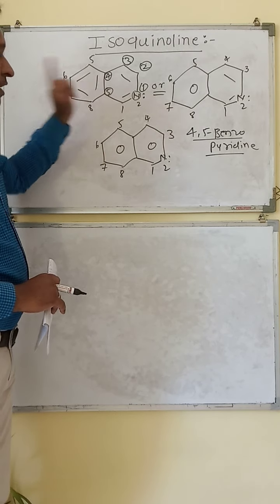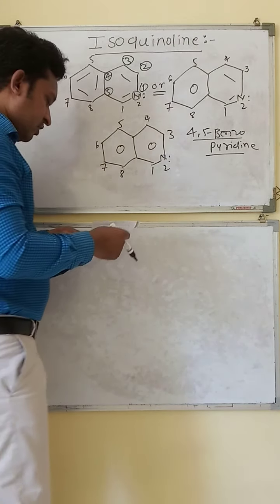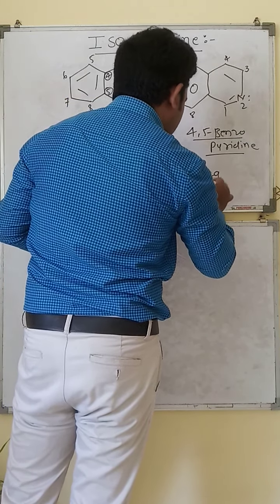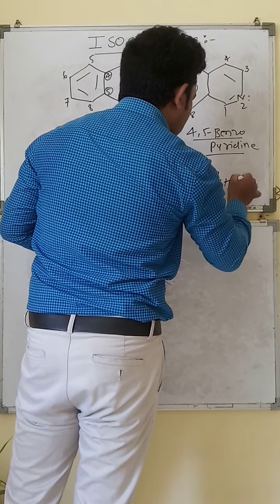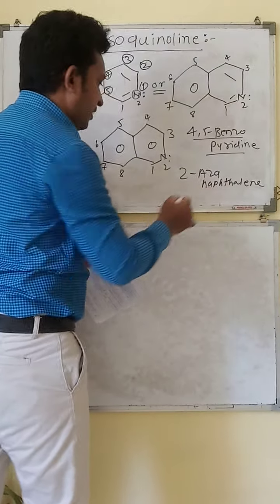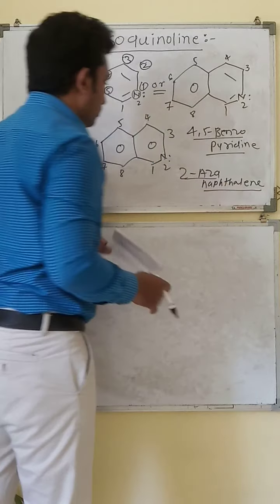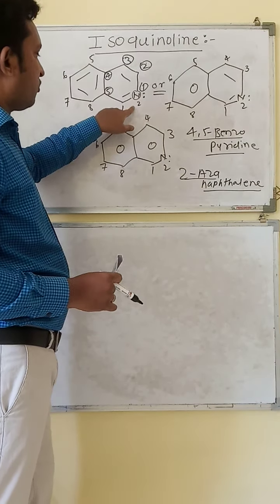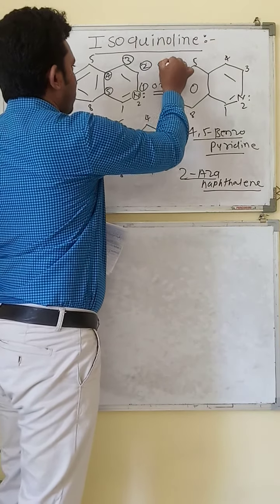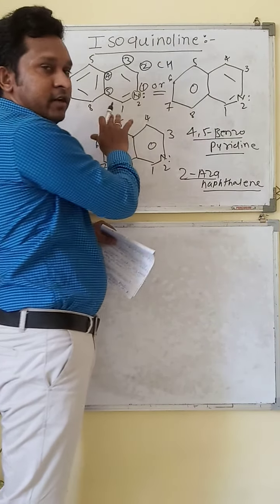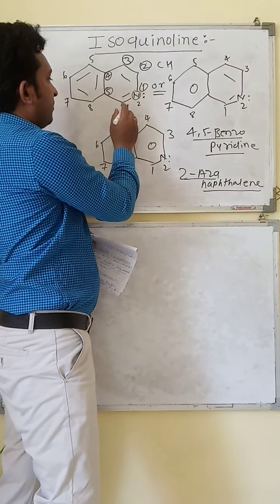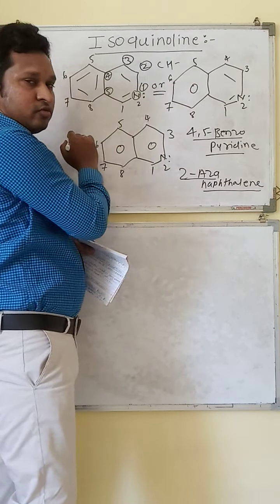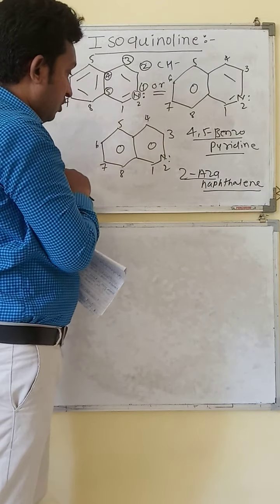Another name of this compound is 2-azanaphthalene. Naphthalene means two benzene rings fused to each other. If instead of nitrogen there is a CH group, it is called naphthalene. But when the CH group in naphthalene is replaced by nitrogen, it is called isoquinoline.